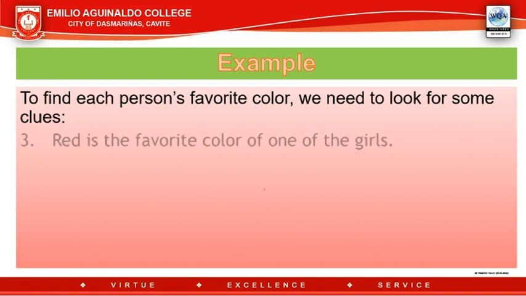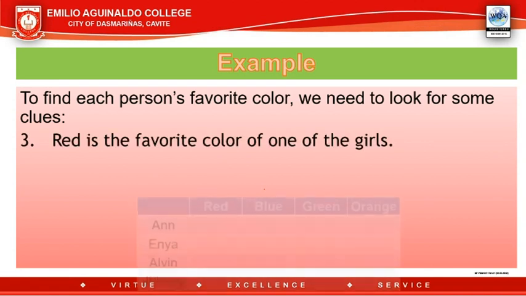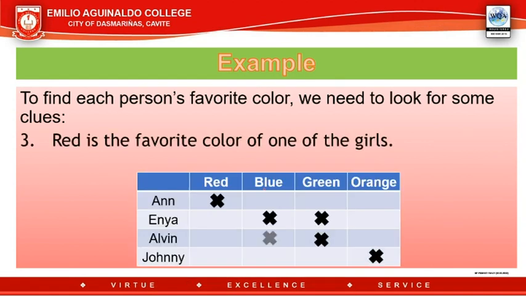For the third one, red is the favorite color of one of the girls. So meron na tayong mapping diagrams dito. If dalawa lang naman yung girl natin, if red is not the favorite color of Anne, then that was for Enya. And then we can just cross this out. Ano pa ba?